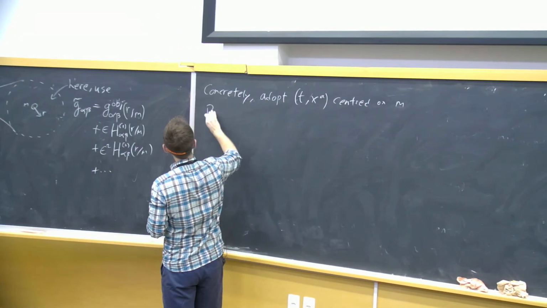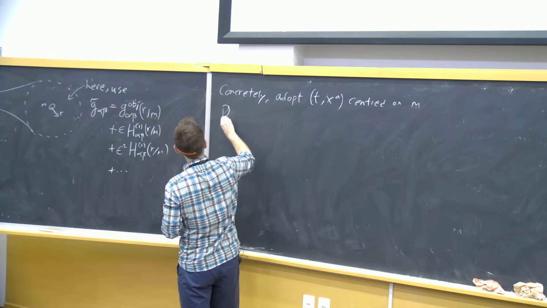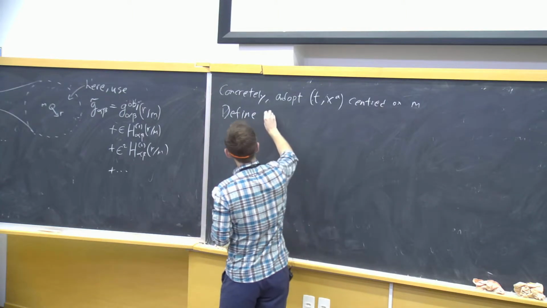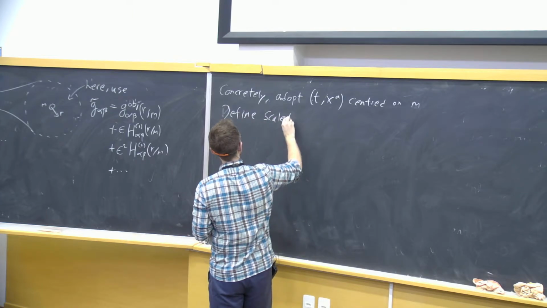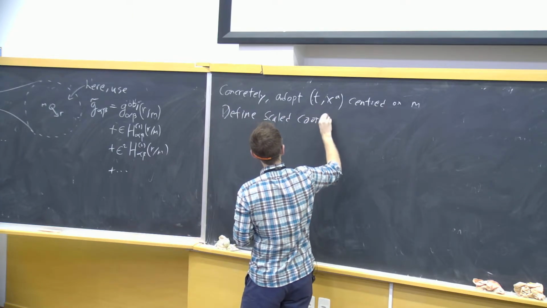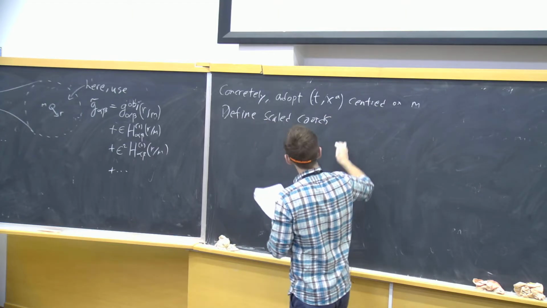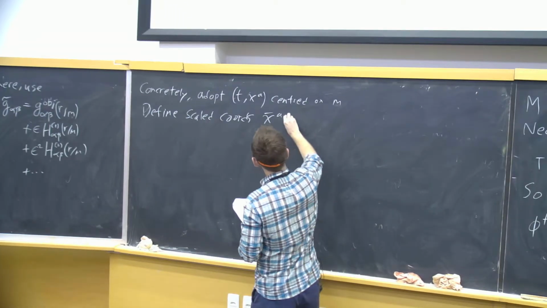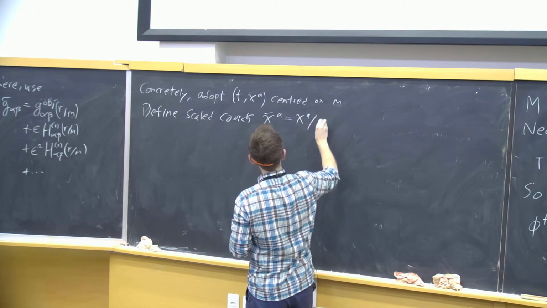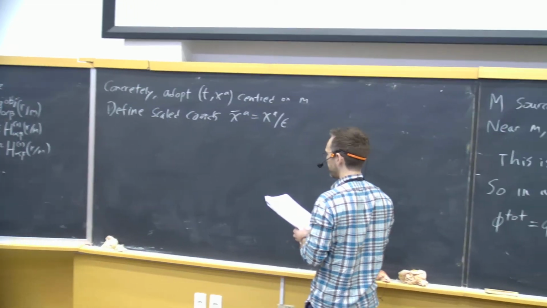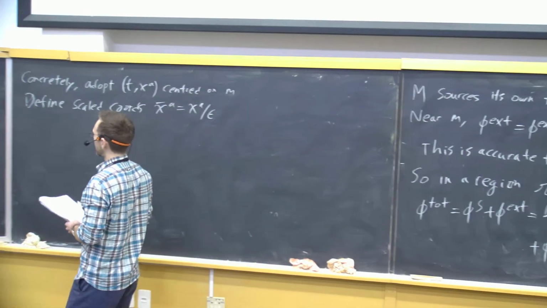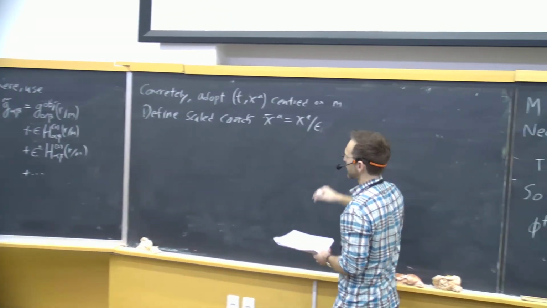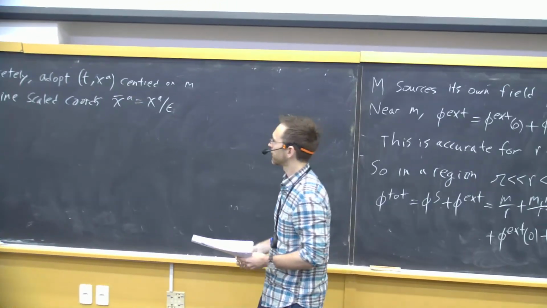And now let's define scaled distances, or scaled coordinates, that I'll call x bar a, which are x^a over epsilon. So it's basically what I've written here. Remember that epsilon is just counting powers of little m.